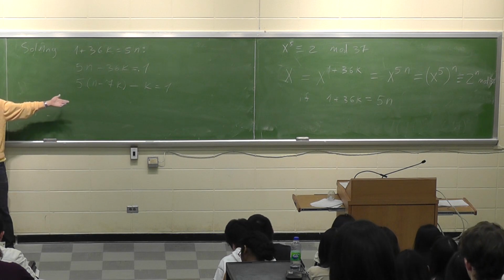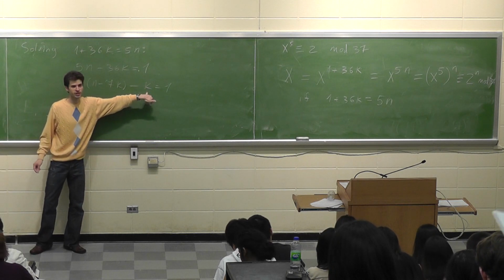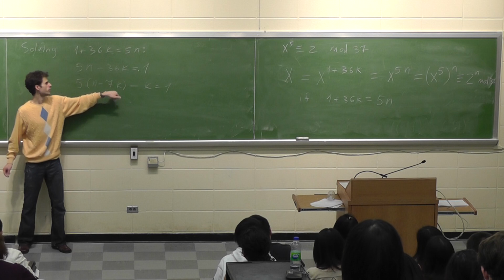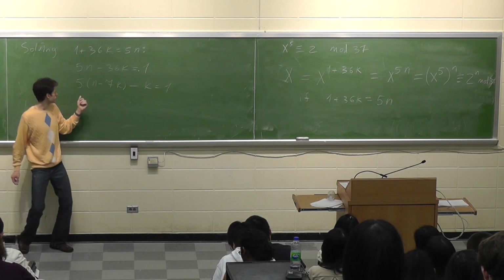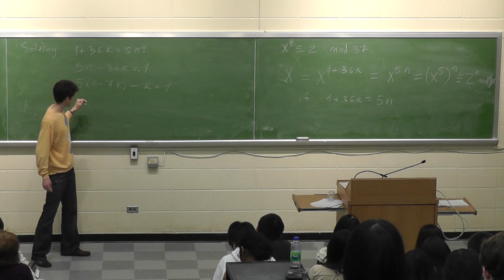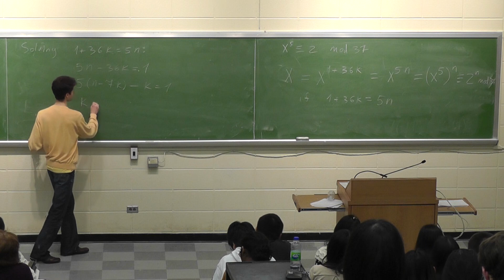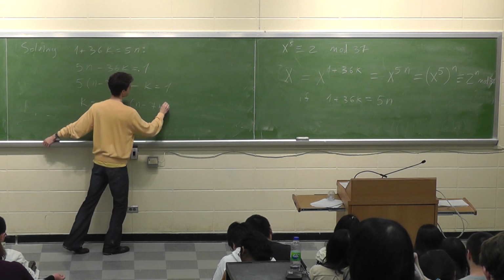Now my equation is basically solved. I can take any k, I can take any number n minus 7k, and this will produce me the solution: k is 1 plus 5 times n minus 7k.